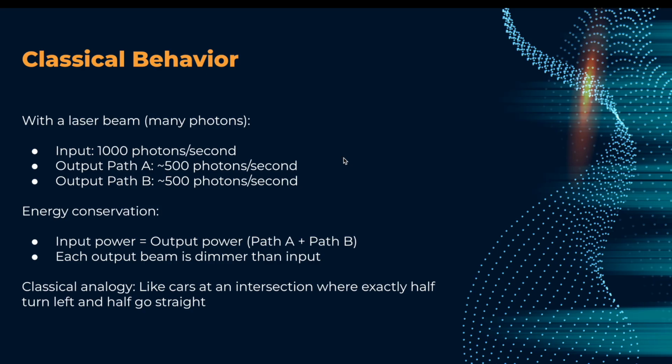You've got to add them together, because conservation of energy, that's the law: energy can neither be created nor destroyed. And each output beam is dimmer than the input, obviously, because you're splitting the photons. A classical analogy is cars at an intersection where exactly half turn left and half go straight.